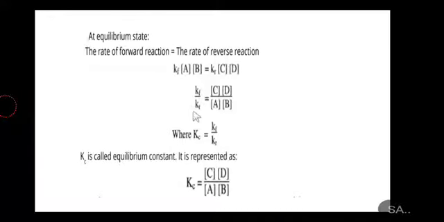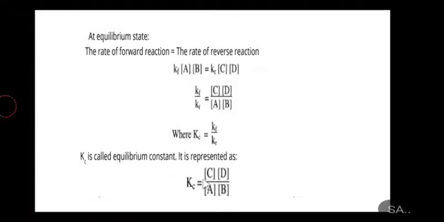If you want to replace them, instead you can write Kc. Instead of writing Kf upon Kr, Kc equals Kf upon Kr, so you can simplify it by writing it here.